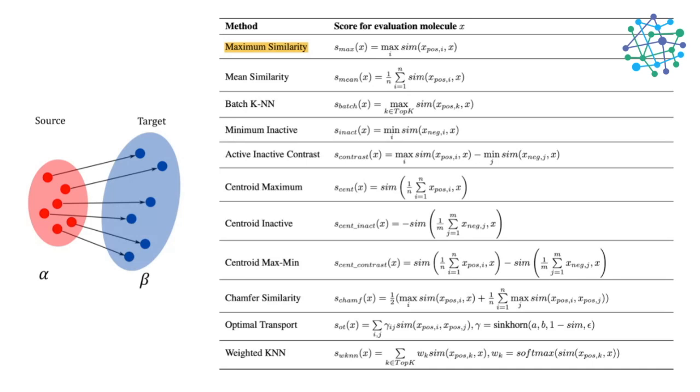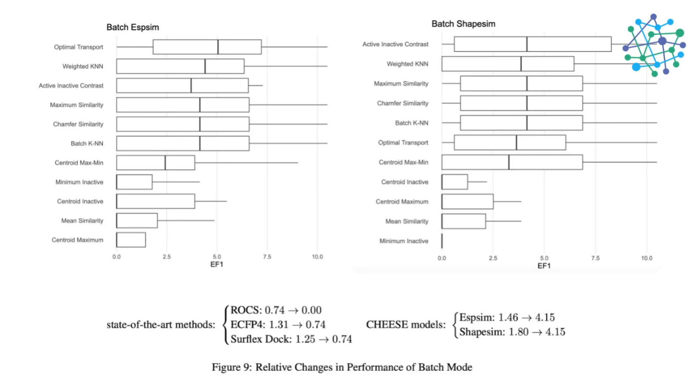For instance, we can include a set of inactive compounds and then measure maximum similarity to actives and minimum similarity to inactives. Or we can take mean similarity instead of the maximum similarity, or compute centroids of these sets and then assess distances of these centroids. In this case of evaluating other formulas, we discovered that in case of batch 3D shape similarity search, in fact the active-inactive formula works the best.